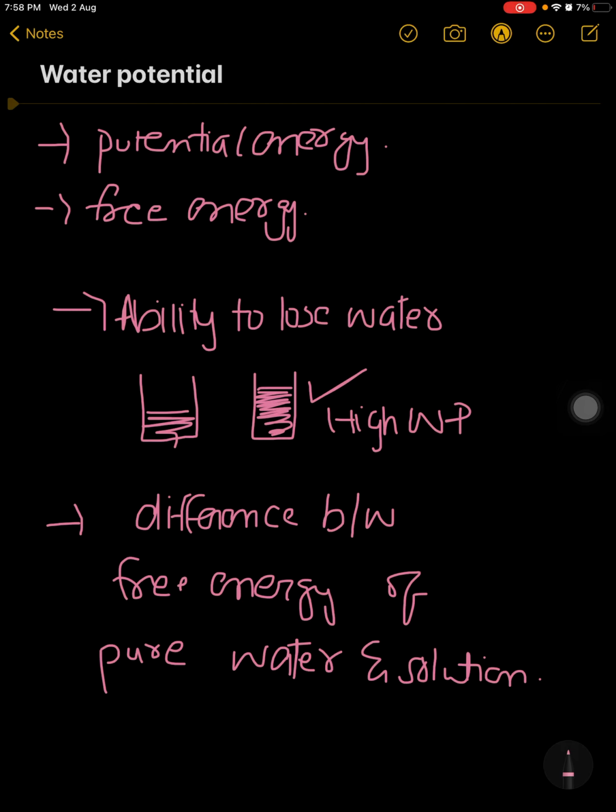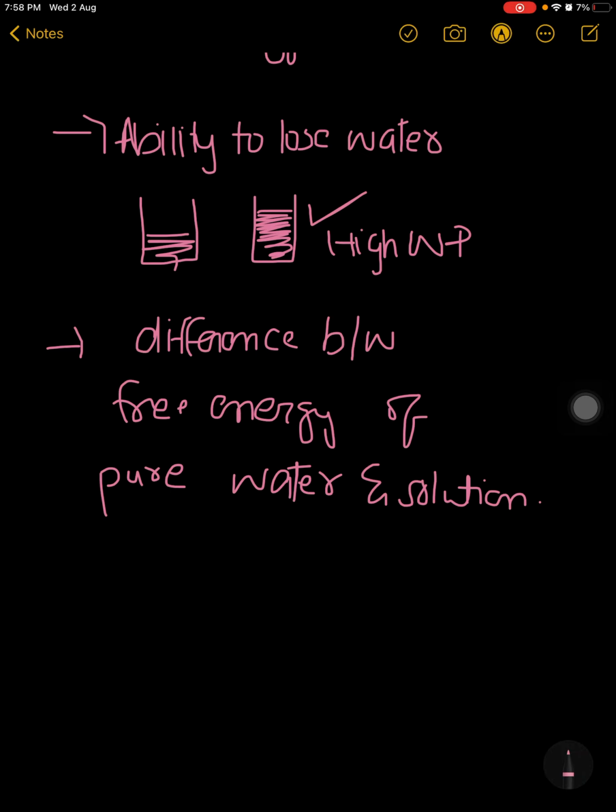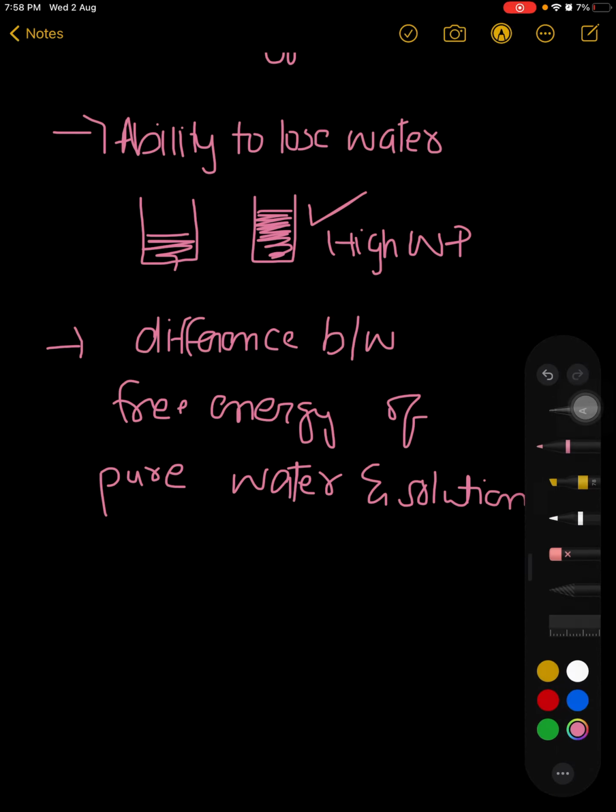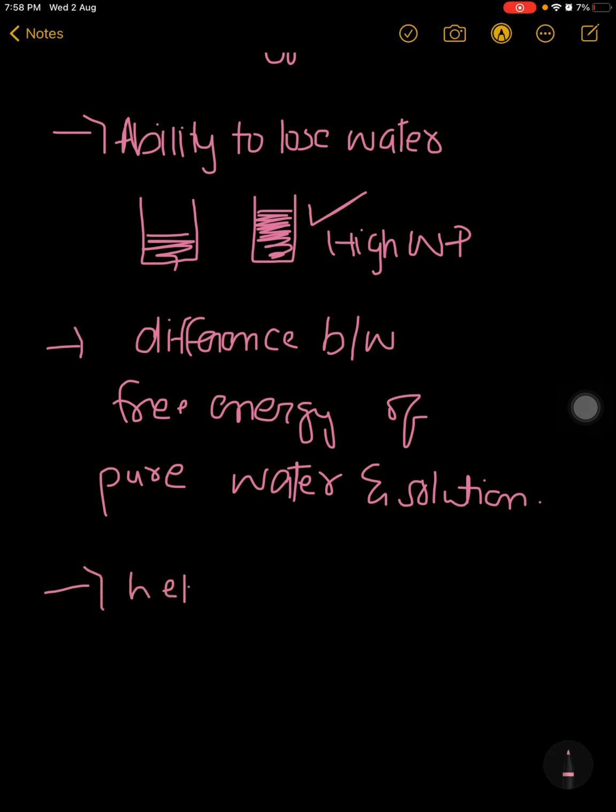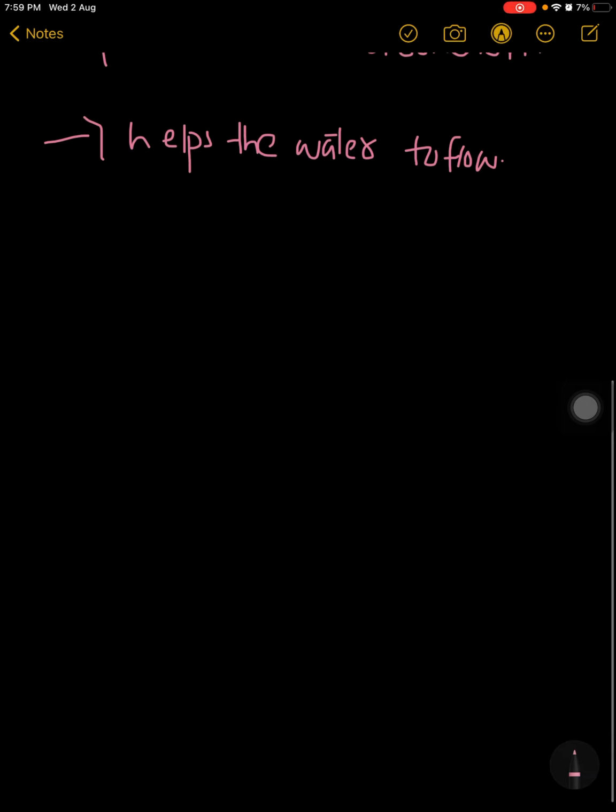Or you can say basically this water potential, this free energy, helps the water to flow, right?